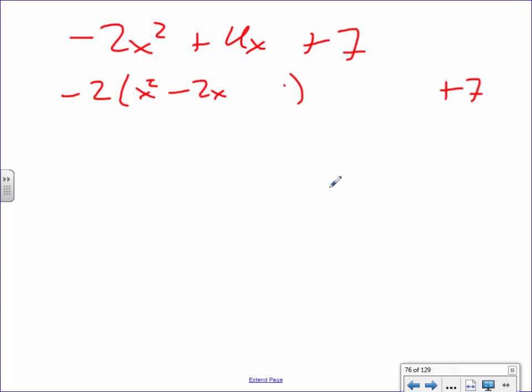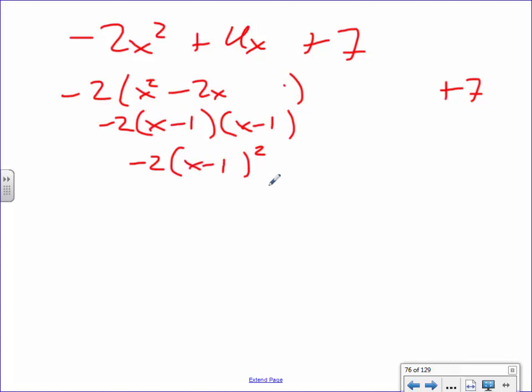All right, now start filling out the rest of your framework. We want to turn this into something so that we have the same thing written twice. This guy right here, you just need half of it. What's negative 2 cut in half? Negative 1. Which means that when you FOIL this last term out here, this will be a plus 1.